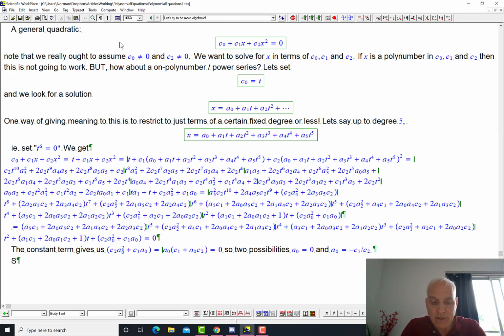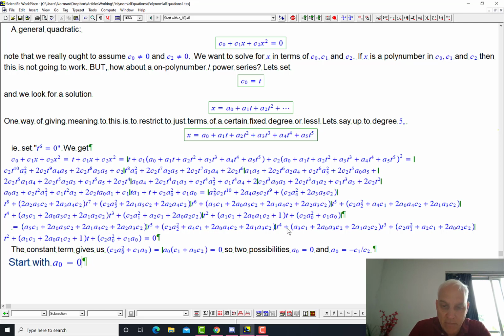Okay, so we'll start with a sub 0 equals 0. I'm going to make a little subsection here. What happens if a sub 0 equals 0? Well, that's just one of the terms, so that constant term will be 0.